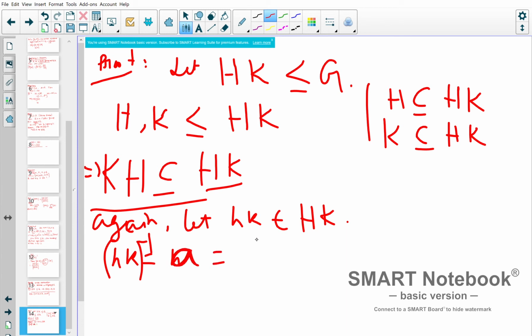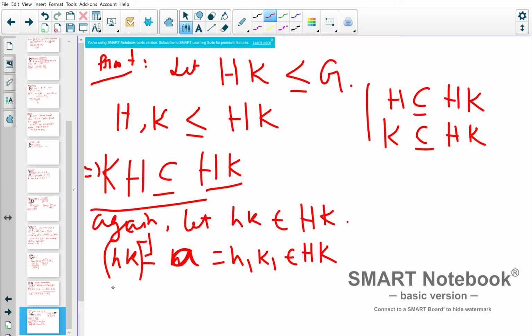So what is nothing but K inverse. So inverse of HK is A, which is also an element of HK, right? So it should be something, say H1 K1, right? Because inverse also inside HK.